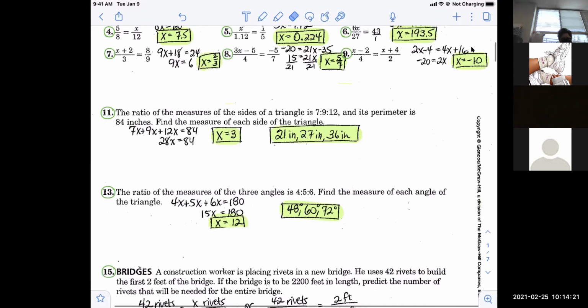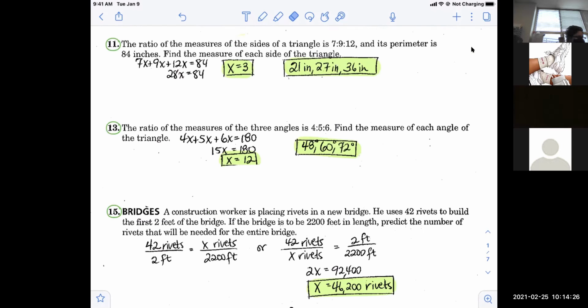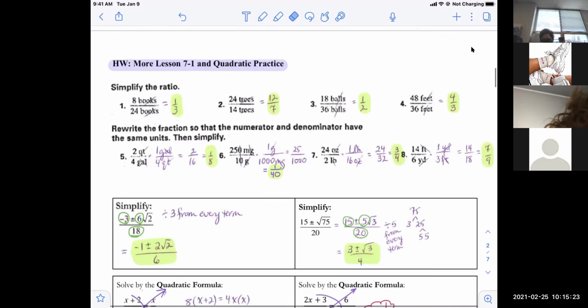Okay. Here's the bottom of that page. Okay, about these.